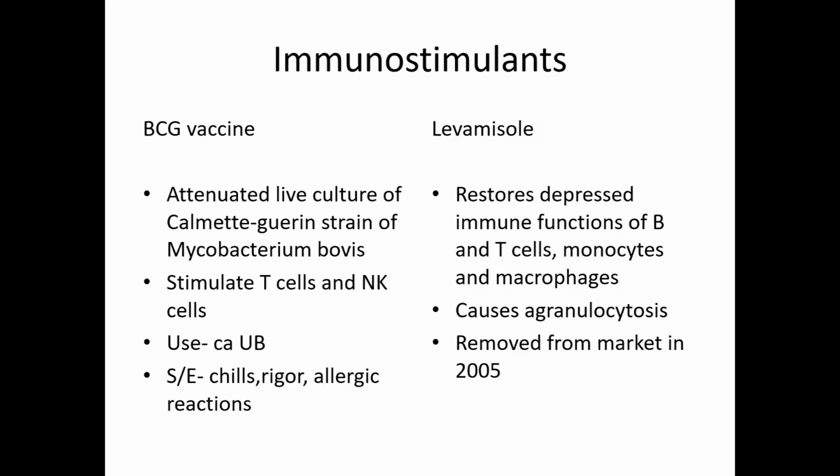Lastly, we have immunostimulants. Among immunostimulants, we have the BCG vaccine and levamisole. BCG vaccines stimulate T cells and NK cells. It is used in urinary bladder carcinoma. And what is levamisole? It restores the repressed immune function of B and T cells, monocytes and macrophages, but it can cause agranulocytosis, and it was removed from the market in 2005 because of agranulocytosis.